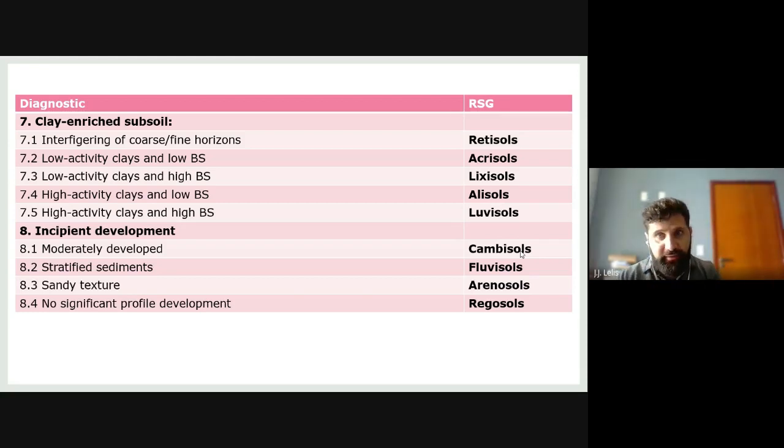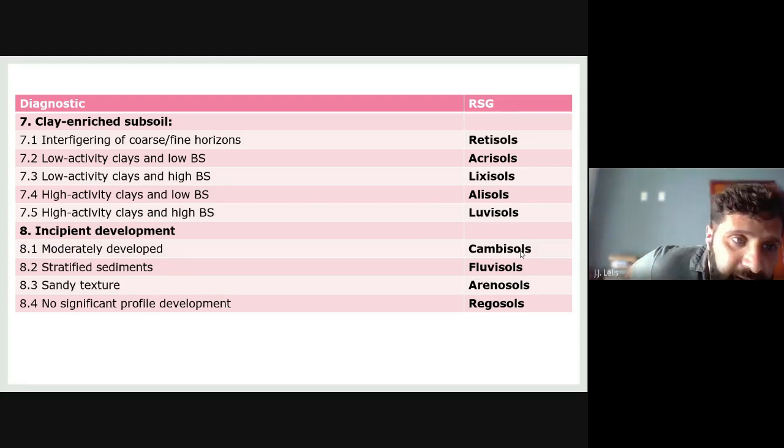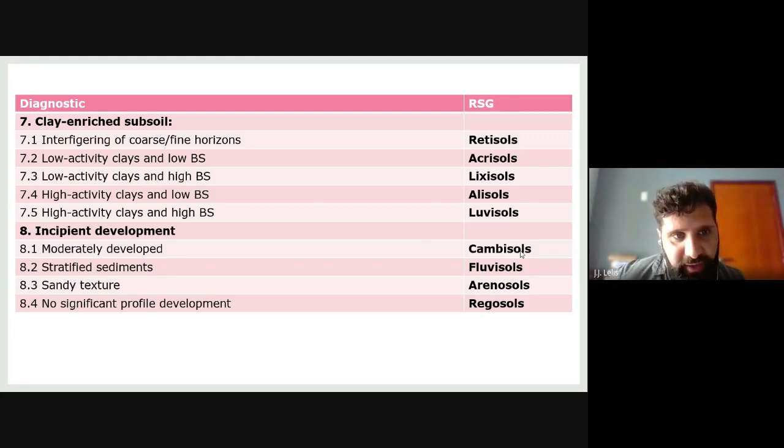In these cases, we can see in the field information that helps us understand, okay, this is a site with low base saturation, or no, this is a site with high base saturation.